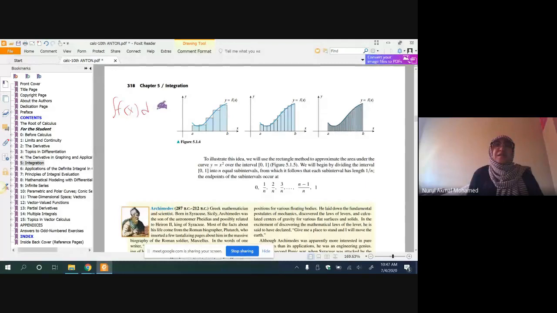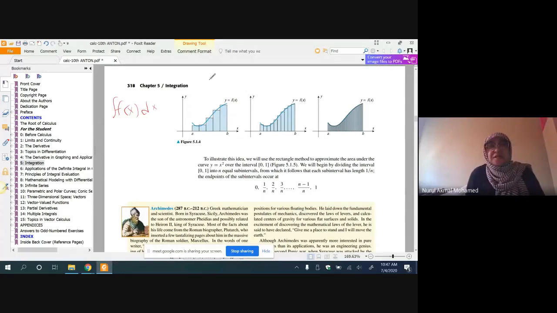We can evaluate this value by approximating the area, meshing the area under the curve into several sub-intervals, which is actually in terms of rectangles.